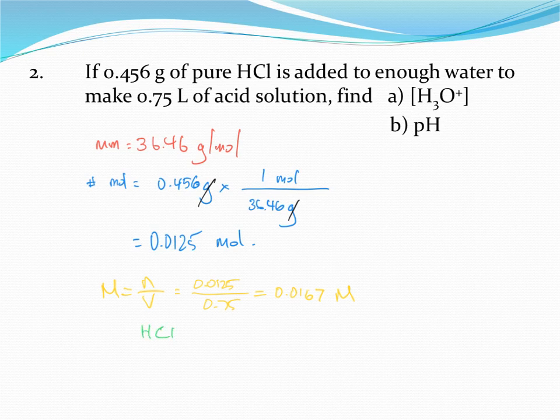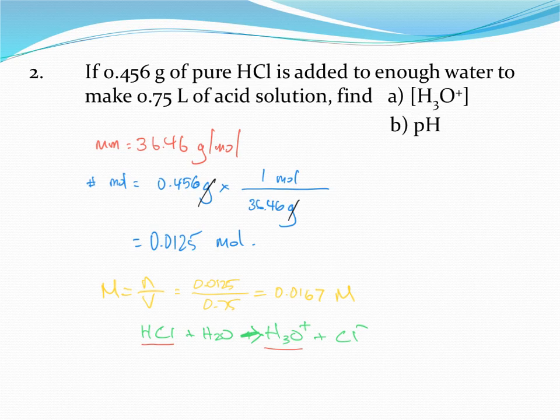Now, for hydrochloric acid, we know that when we add it to water, we get the hydronium ion plus the chloride ion. And again, the key thing here is that this is a balanced chemical equation, and there's a 1-to-1 molar ratio between hydrochloric acid and the hydronium ion.